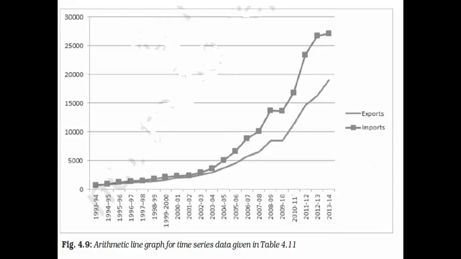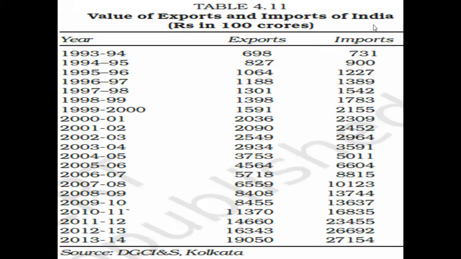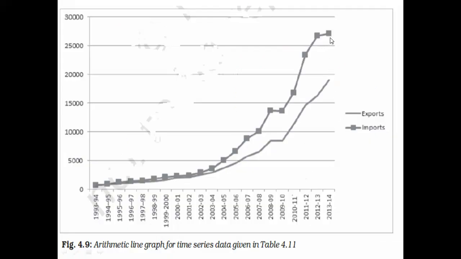So here it is ending, whereas in import you can see 27,154. In import, you can see here it is going more than 25,000, near about 27,000, right? If you plot, it is also very effective and it is showing the arithmetic line graph, right?